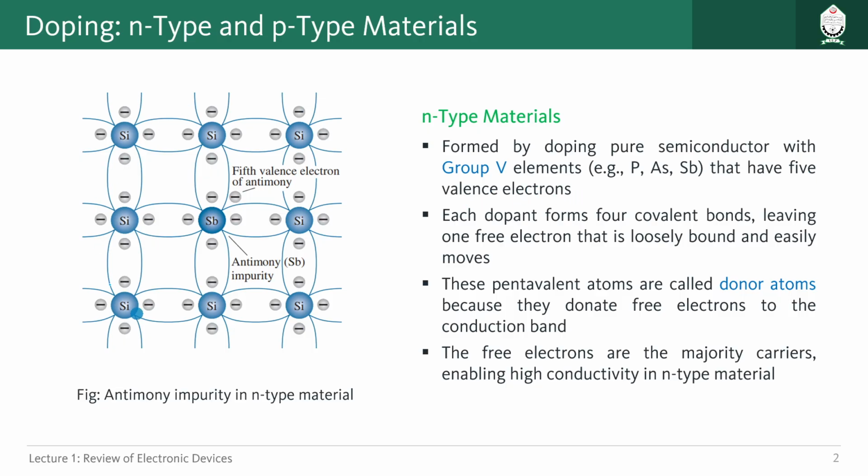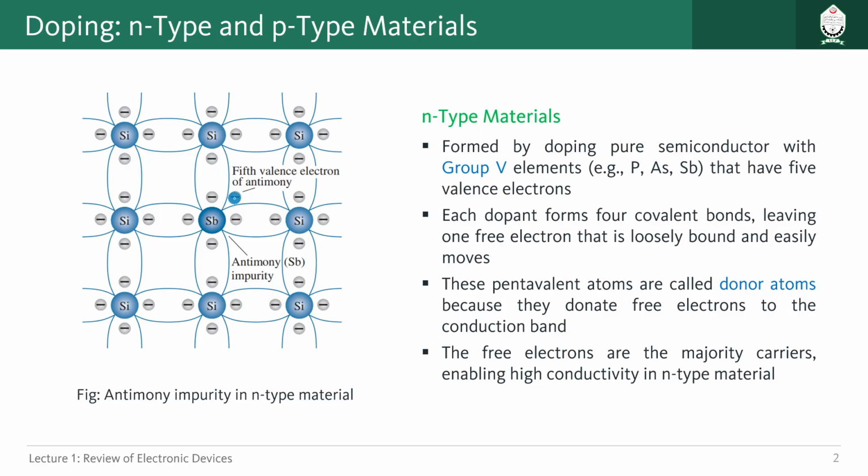If you look at this particular figure, you see silicons are the semiconductors, and here you can see Sb, or antimony. This is a pentavalent element, a group 5 element, which has 5 electrons at the outer layer, and it is creating bonds with other silicons. But at the end of the day, after creating those bonds, it has an extra electron.